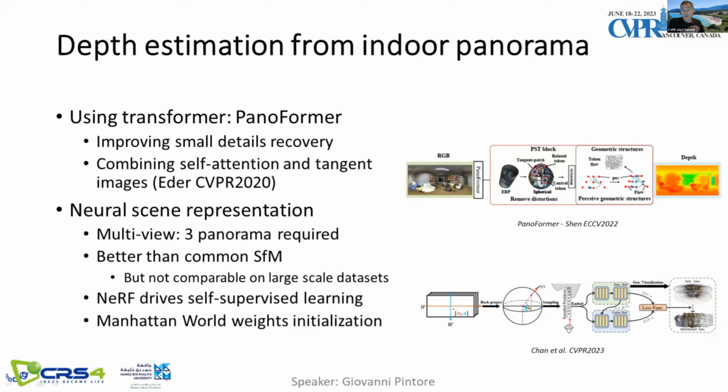Here it is just compared with structure from motion. It's not comparable to single panoramic methods, supervised single panoramic methods trained and tested on large-scale data. But anyway, neural scene representation is used basically to support self-supervised loss. And notably, indoor priors are adopted for the weight initialization.